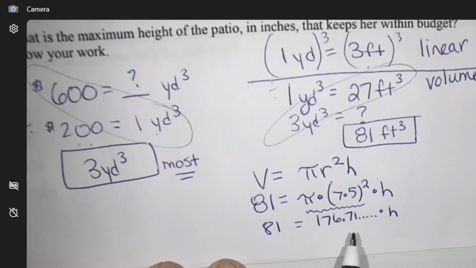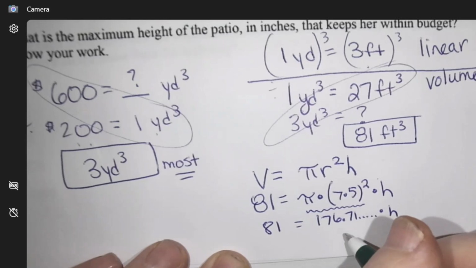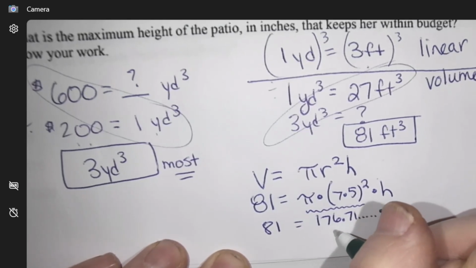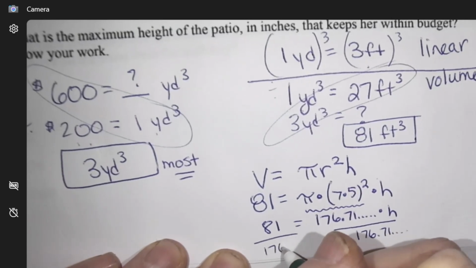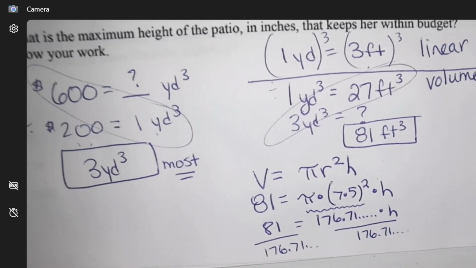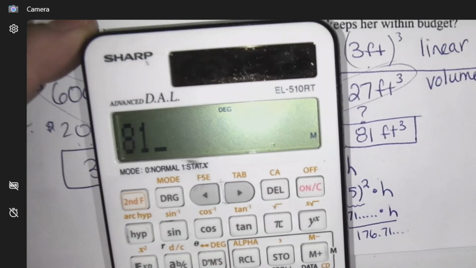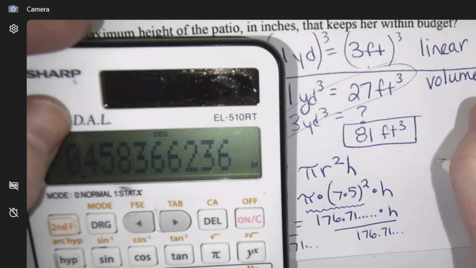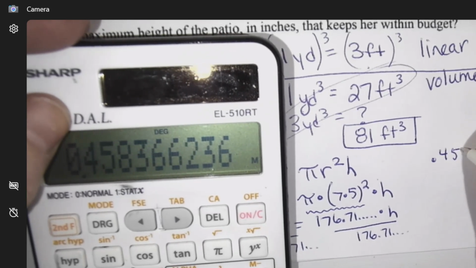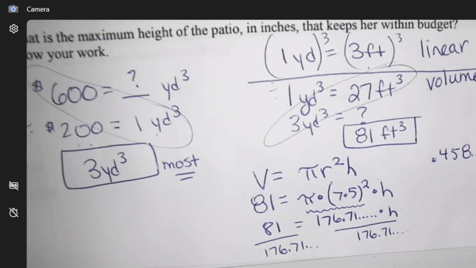Anybody else? Then I'm going to divide. Why am I doing these dots? I'm keeping it in my calculator. I'm never rounding until my final answer. So 81 divided by answer is 0.458. I'm still in my calculator.